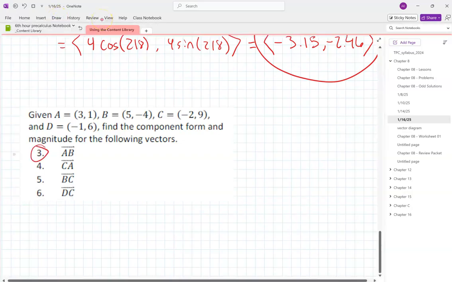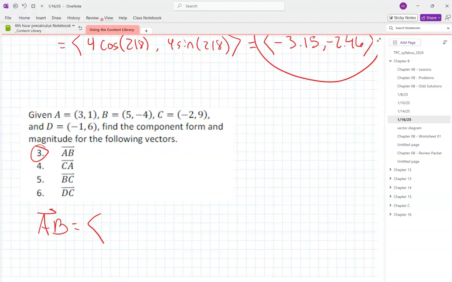So if I want vector AB, which is the head and which is the tail from A and B? B is the head, A is the tail. And I can tell just because of how the arrow is on top, right? So I do head minus tail for the x's, and then head minus tail for the y's, and I'm done.